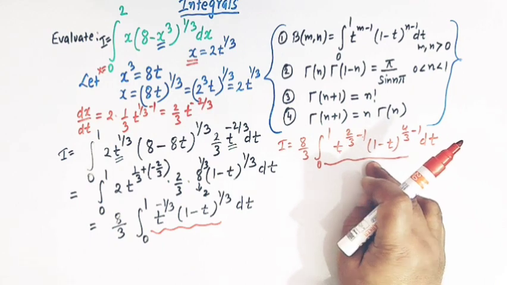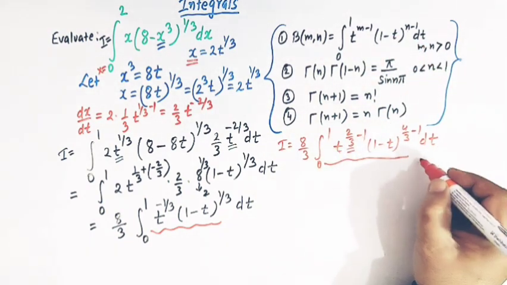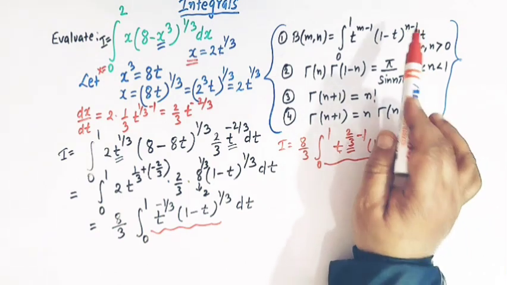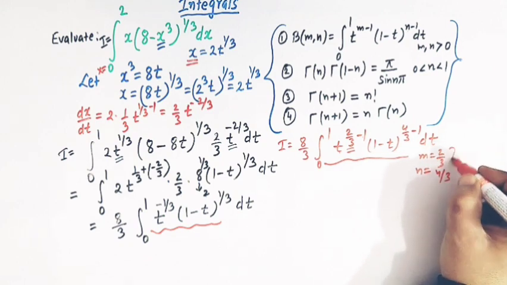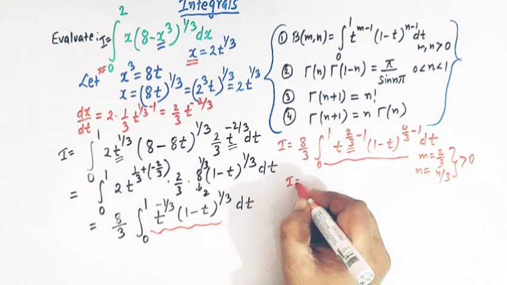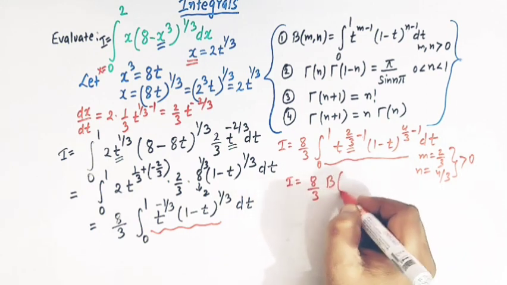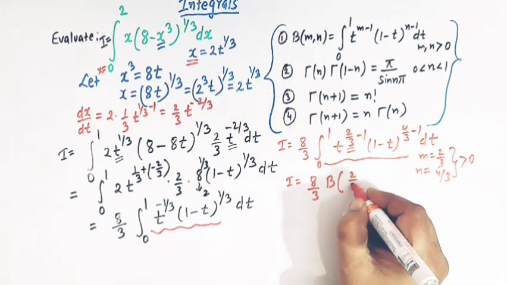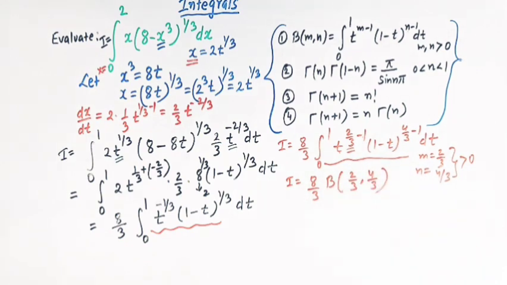So comparing this integral with this one, the value of m is 2 by 3, and the value of n is 4 by 3, right? And both these values are greater than 0. So we can now write I as 8 by 3, and beta function of m comma n, m is 2 by 3, then we have 4 over 3.